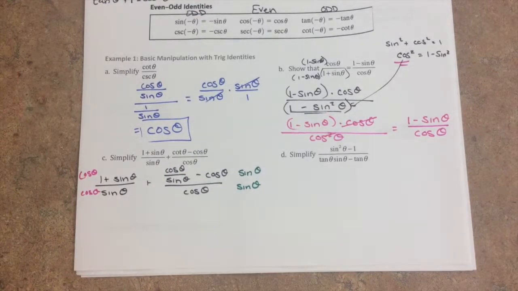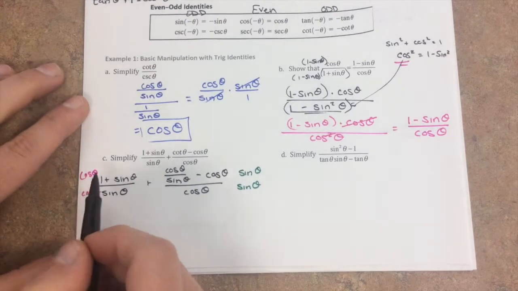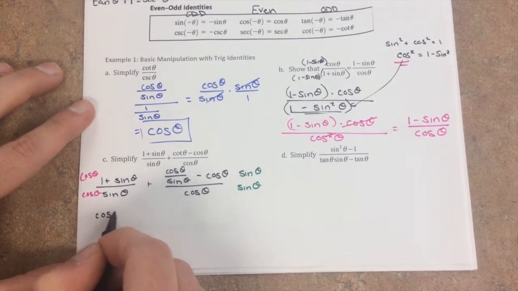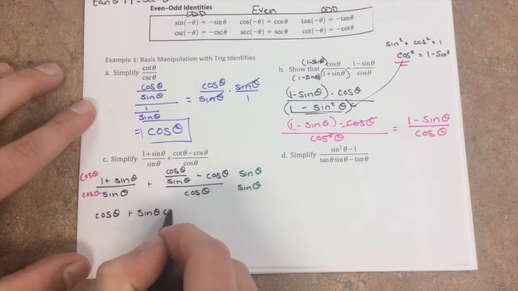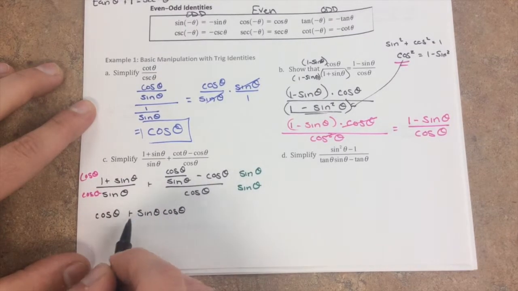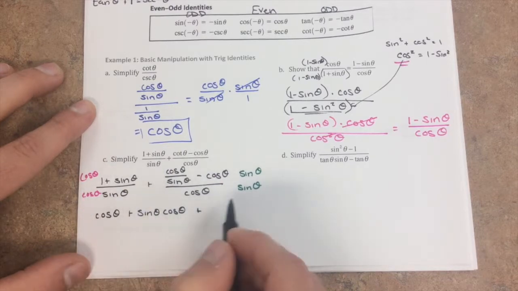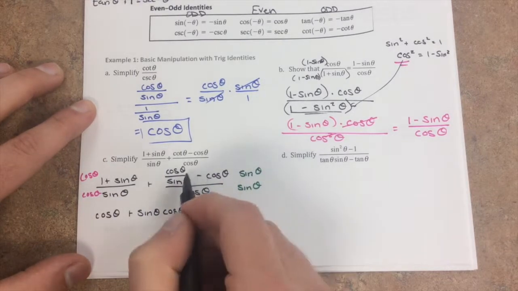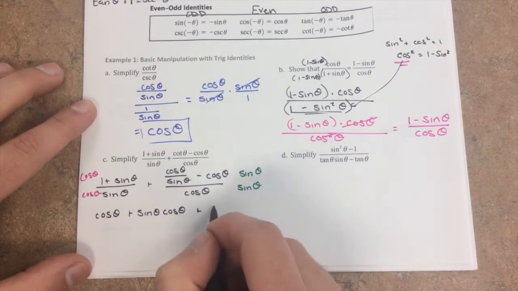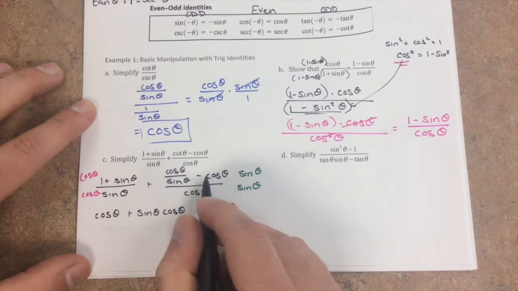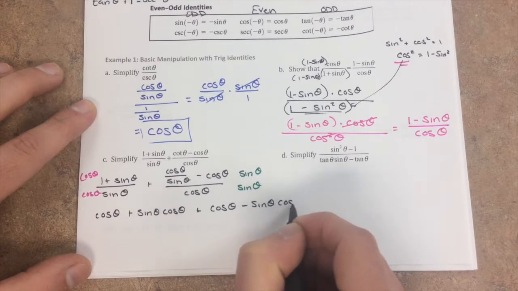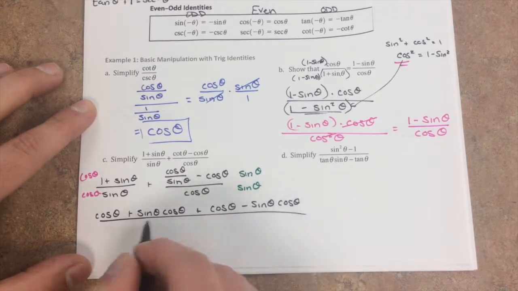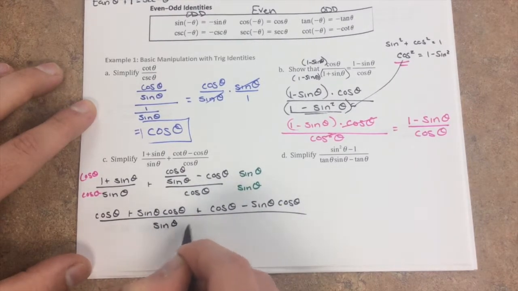Okay, so 1 times cosine theta, plus sine theta cosine theta, plus, because now we have a common denominator, sine times cosine over sine is just cosine theta, minus sine theta cosine theta, all over common denominator, sine theta cosine theta.